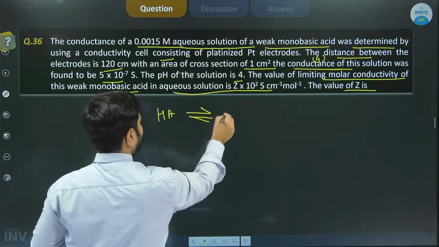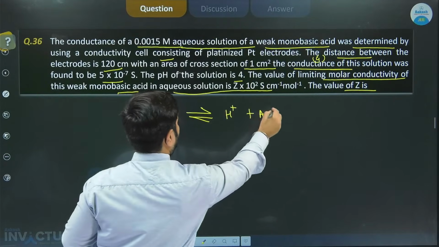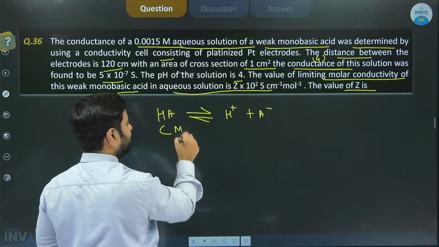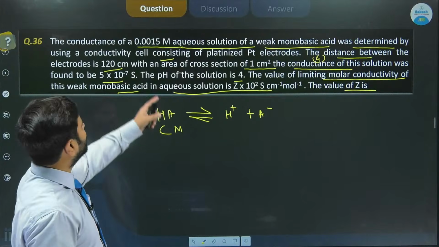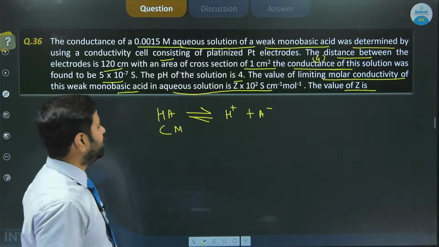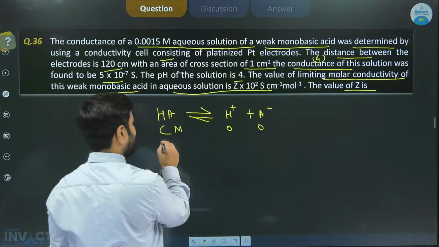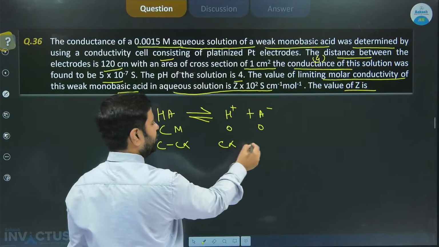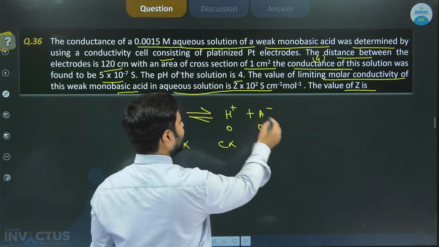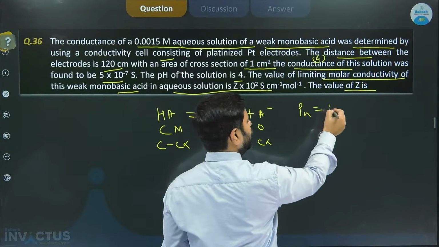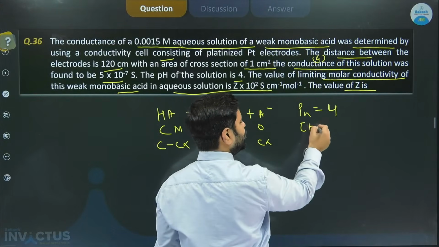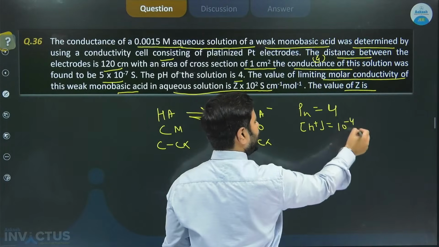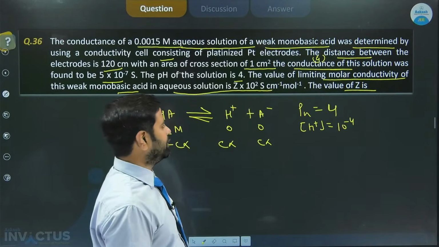Let's say for the weak acid, we can simply write C molar. If the concentration of weak acid is C molar, that we know is 0.0015. At equilibrium it is C minus C alpha, and you have been given that pH equals 4. So you can say H plus would be equal to 10⁻⁴, as pH equals minus log H plus.